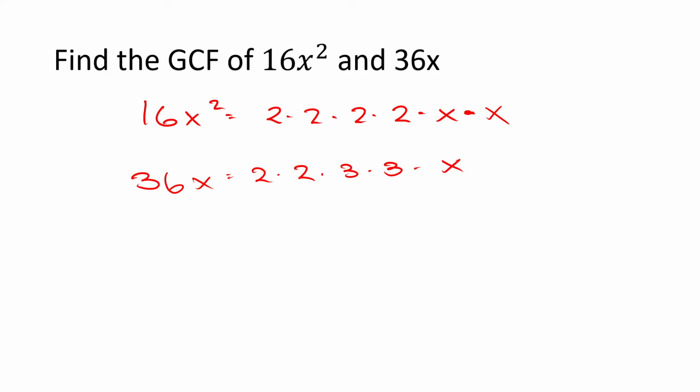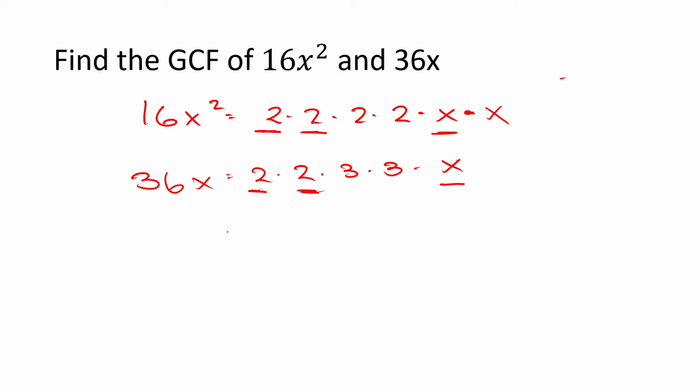Now identify the common factors. You can circle them, I'm bad at circling, so I rather underline them. So the common factors are 2's. Anything else? Yes, there's another 2. And then we have an x.